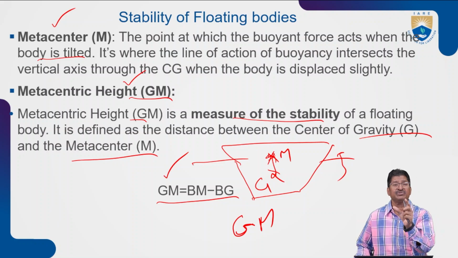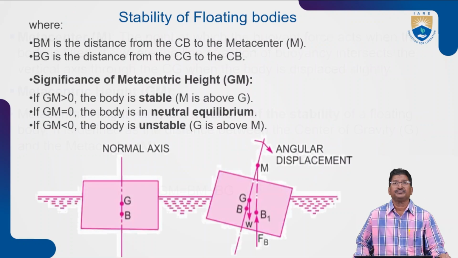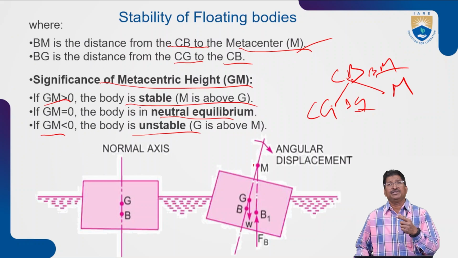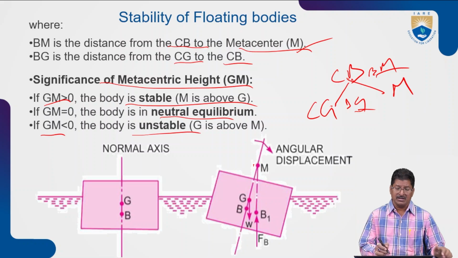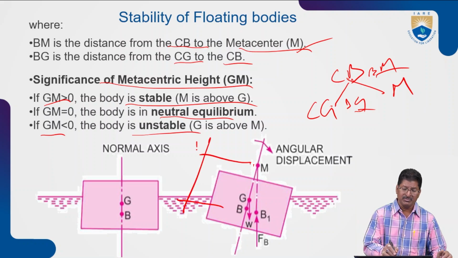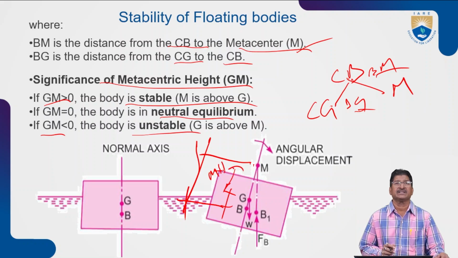If you deduct both distances, you will get the metacentric height. You can observe in this figure where M, G and B are. BM is a longer one. If you deduct BG from this, then this is called the metacentric height. So GM is the metacentric height.